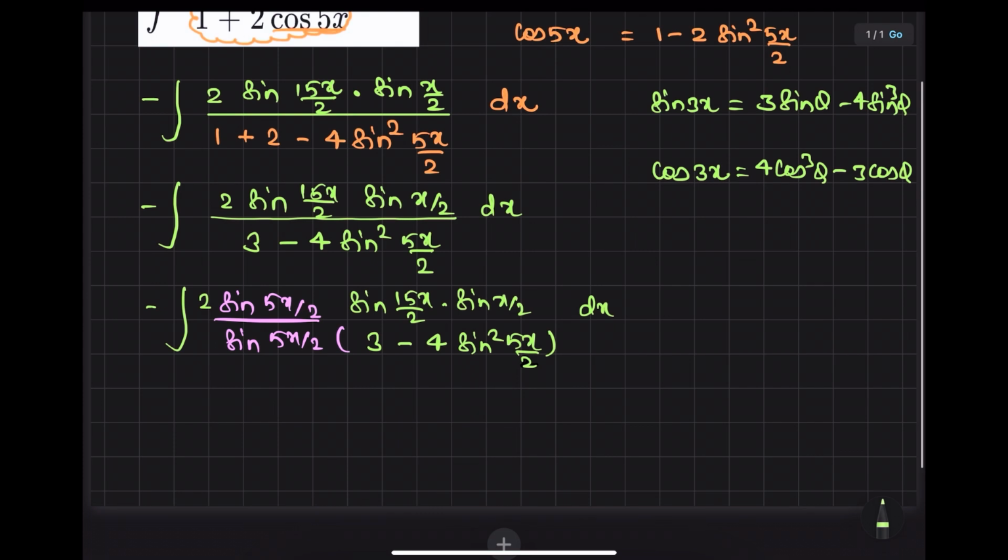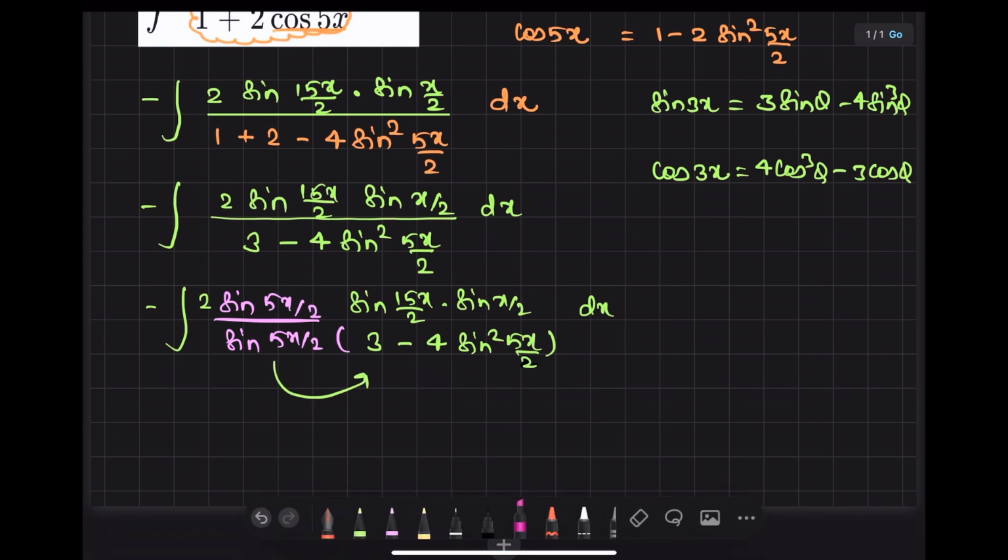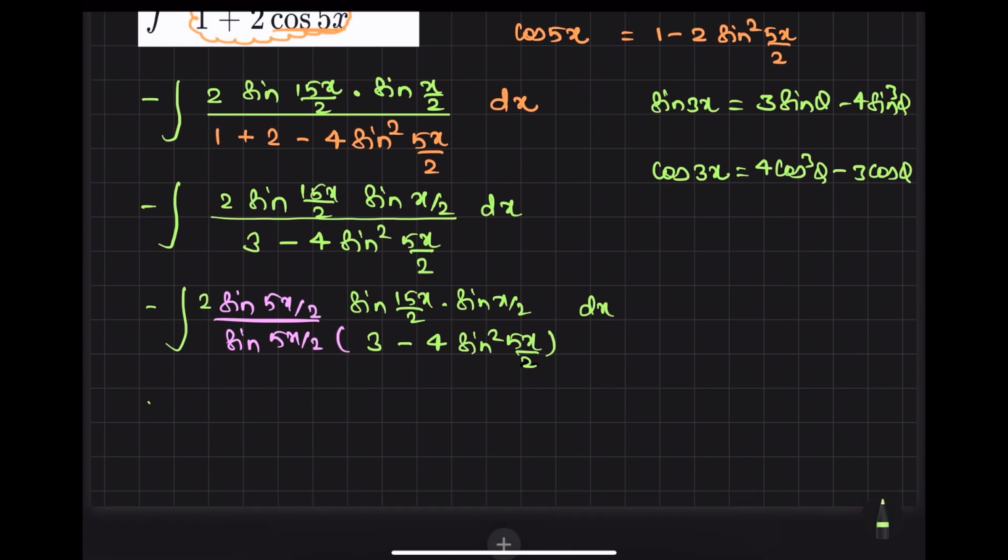Now look at this. This thing will go inside. Okay. So we will have this thing. Minus of 2 I'll take outside. Sine 5x by 2 sine 15x by 2 sine x by 2 upon we have 3 sine a minus 4 sine cube a.